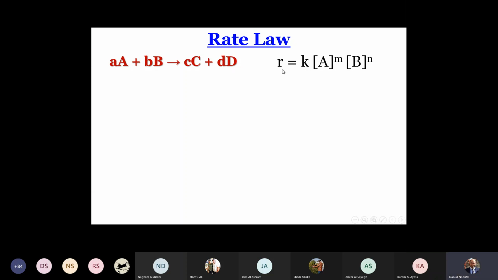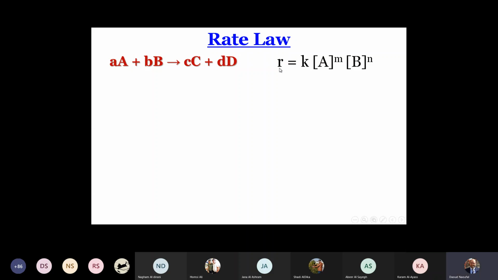If we look at this rate law, we observe that the rate of the reaction is directly related to the concentration of A and directly related to the concentration of B. As the concentration of the reactants increases, the rate of the reaction increases. This is the first factor, concentration.